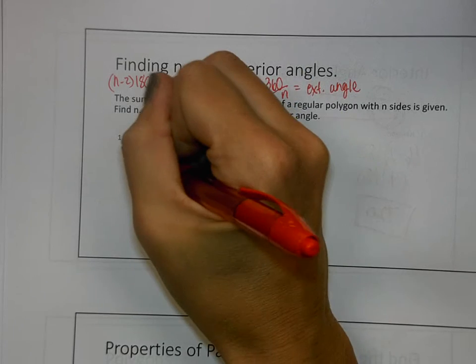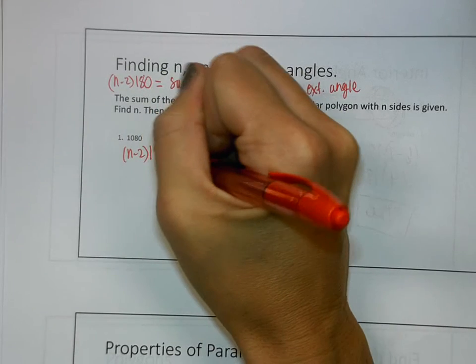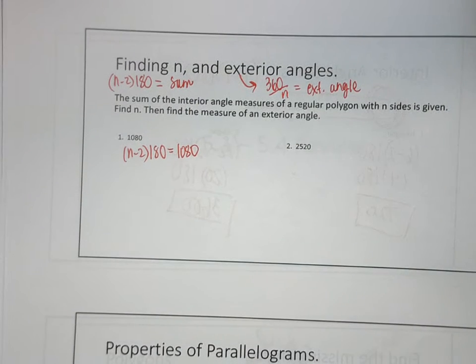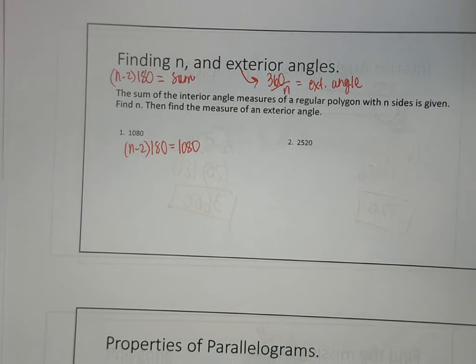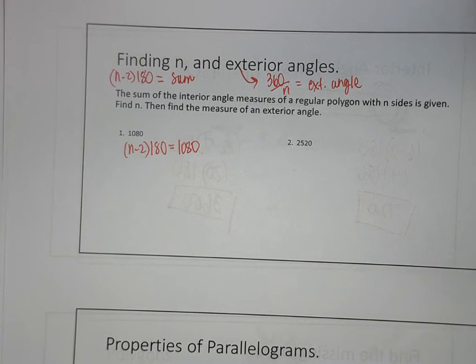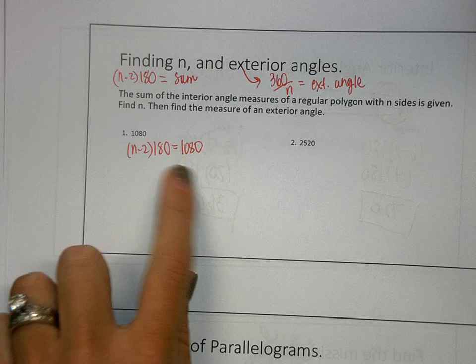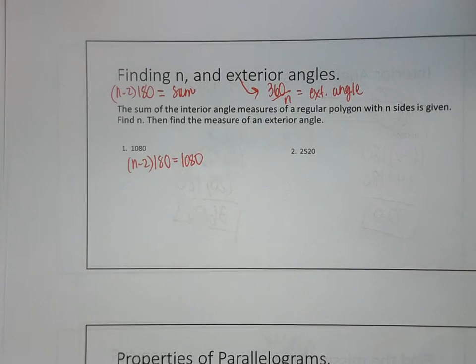I would write this out as n minus 2 times 180 equals 1080. Now, there's multiple ways of finding this answer. I think the easiest, though, is, and we kind of talked about this originally, instead of distributing 180 through, you could actually just divide by 180 to both sides to start with.